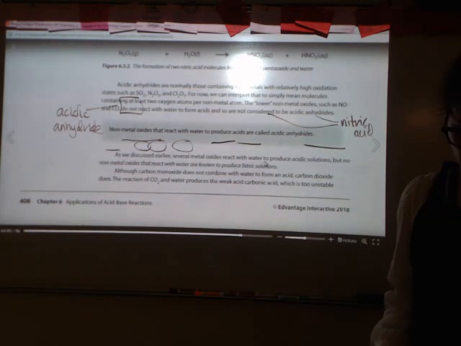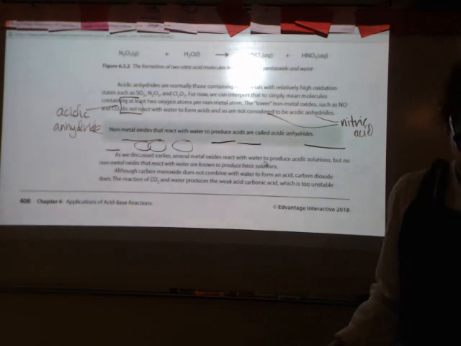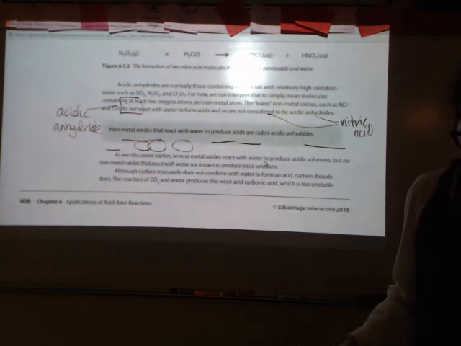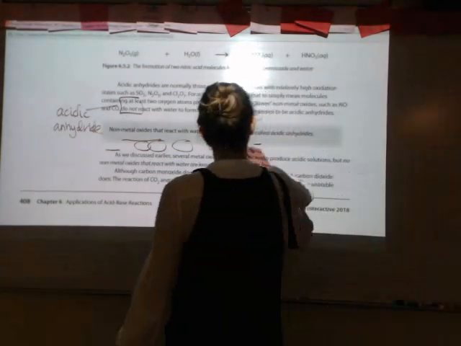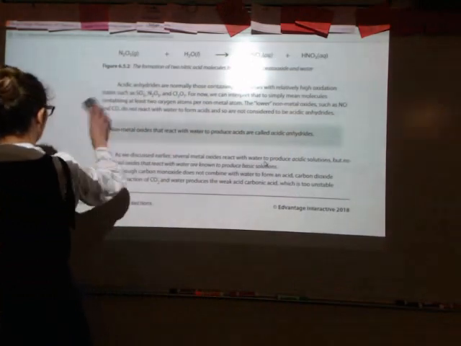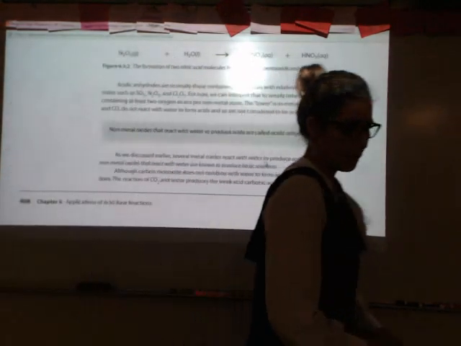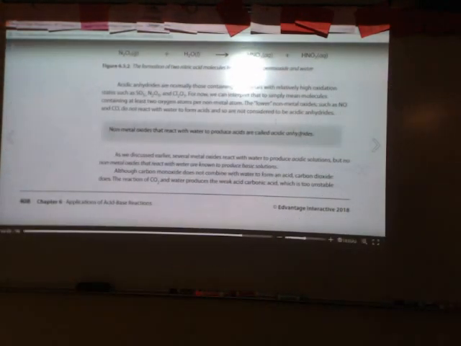So earlier we talked about how there were several metal oxides that could react with water to produce acidic solutions, but no non-metal oxides reacted with water to produce basic solutions. So let's take a look at carbon dioxide and water reacting to produce carbonic acid, which is a weak acid that's really, really unstable.